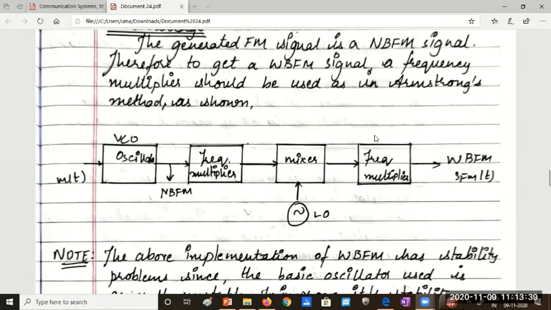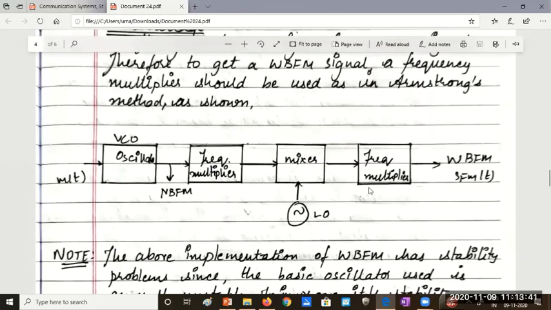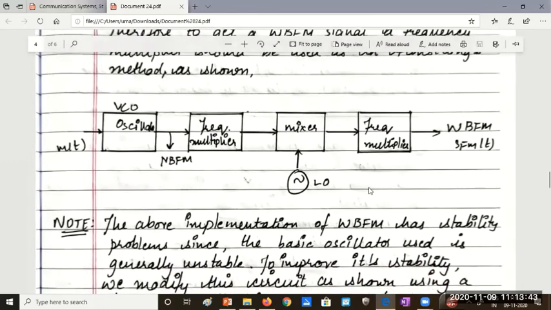Anyway, all this looks quite a lot for you. All you need to remember here is I have to multiply the output of Hartley oscillator with a frequency multiplier. And since the multiplication value will be large, I have to divide that multiplier into two parts. So two values of multiplication.